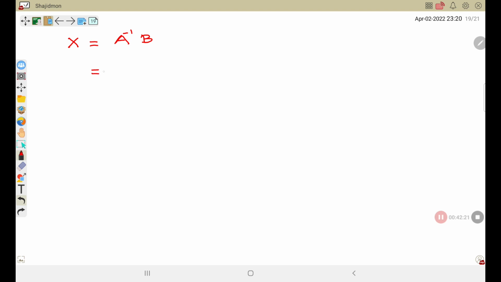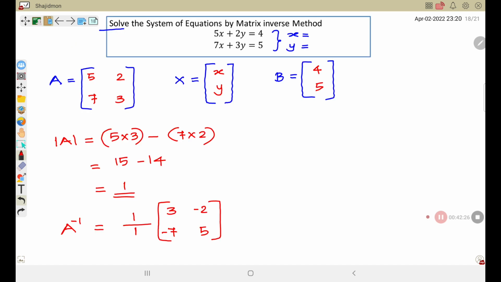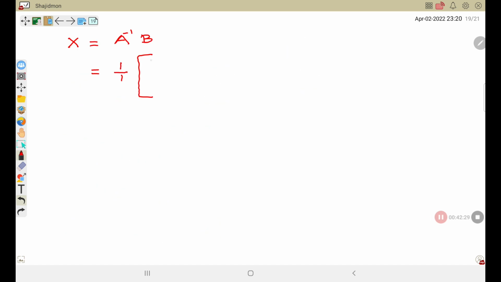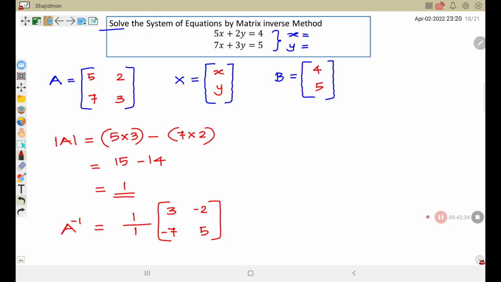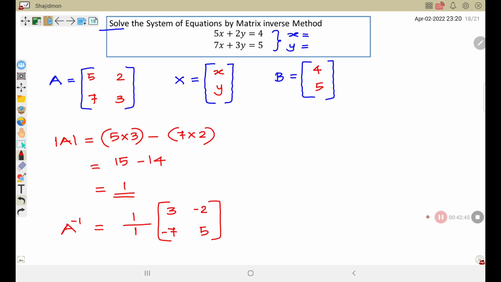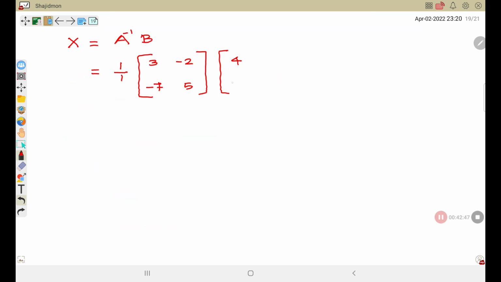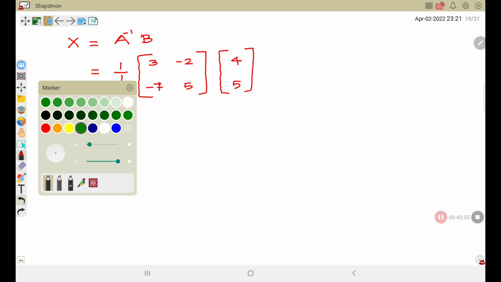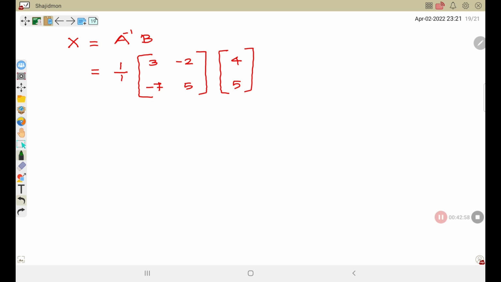What is the A inverse matrix? 1 over 1 multiplied by the matrix we just wrote, 3, minus 2, minus 7 and 5, multiplied by the B matrix, the constant matrix 4 and 5. Now we just multiply these two matrices. Already we studied how to multiply these two matrices.